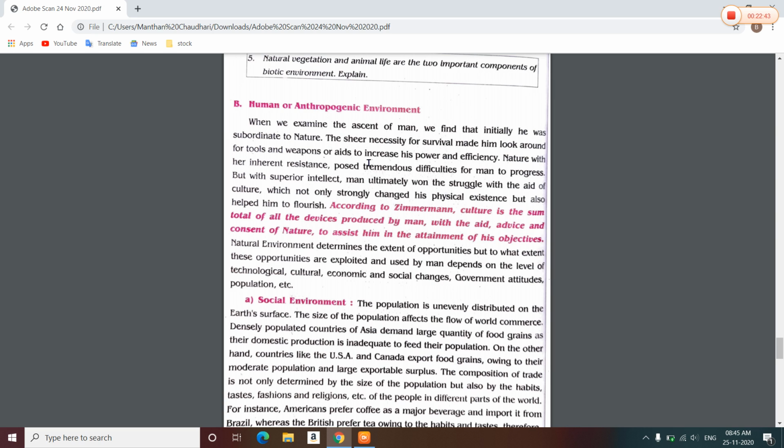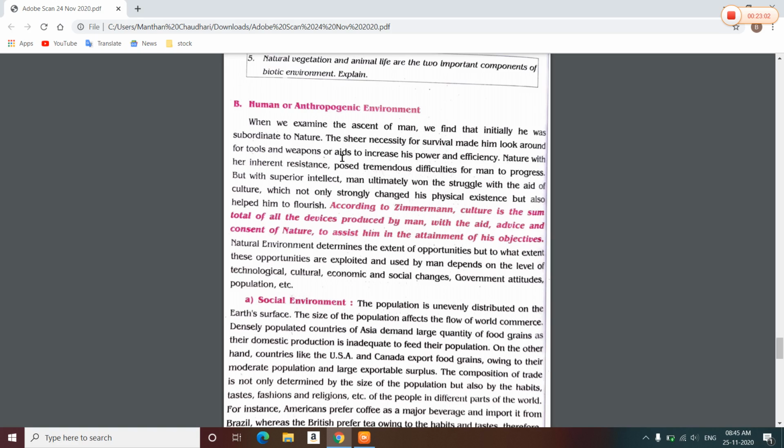Let us take a small example about political environment. If there is political instability in an area or a region, what would happen? That will directly or indirectly affect the economy of that region.